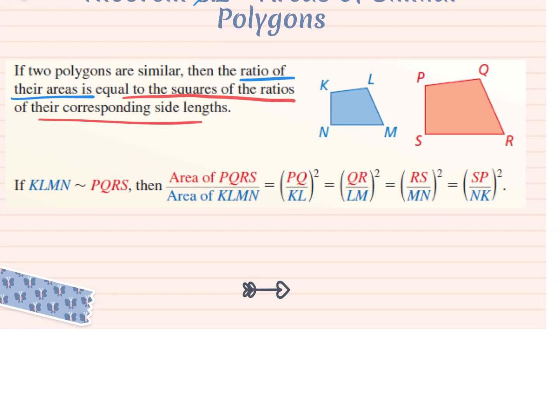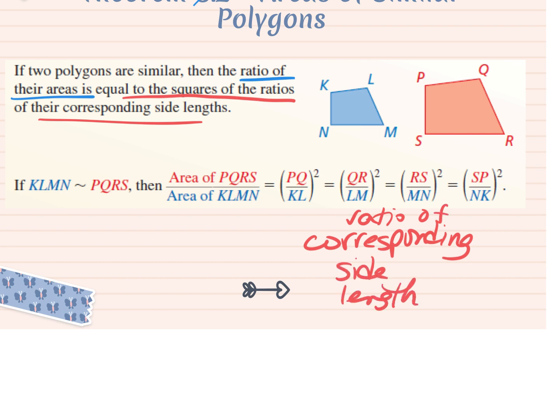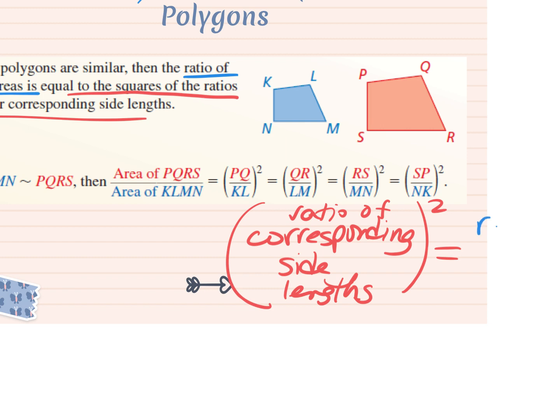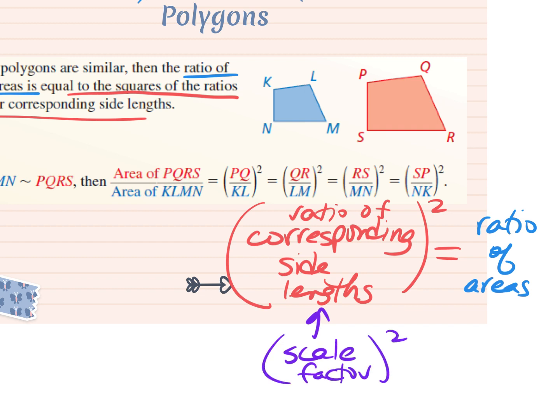So for example, you're going to take the ratio of the corresponding side lengths and square it, and that will give you the ratio of the areas. Remember, this is also the scale factor. So the other way to think of it is the scale factor squared equals the ratio of the areas.